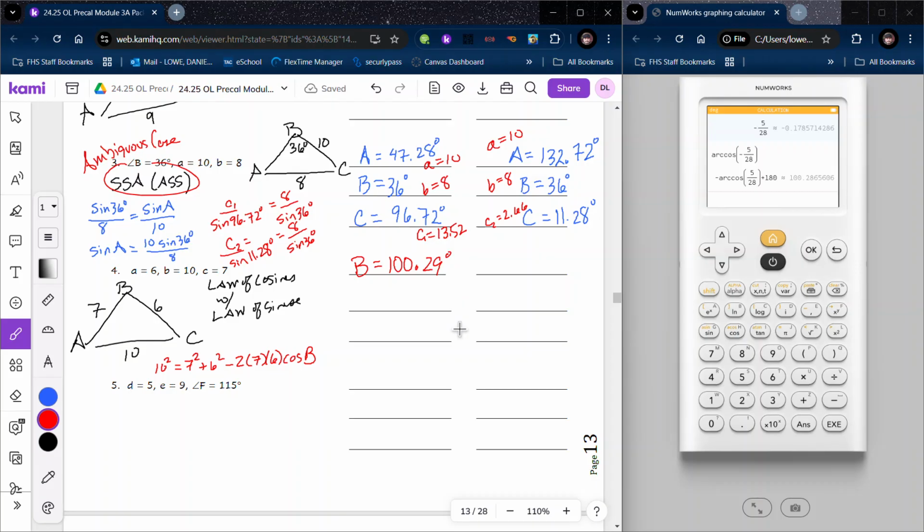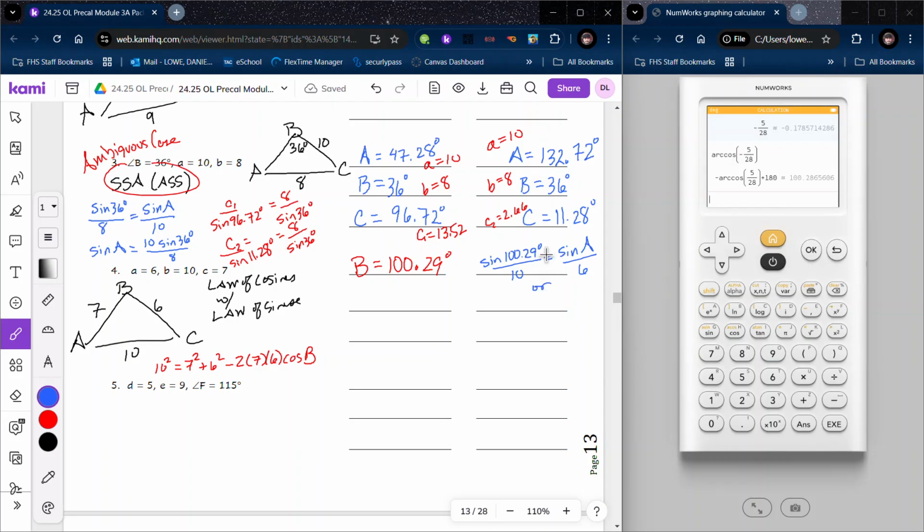to 2 decimal places. Then I can use the law of sines to find my other angle. Because I can say that the sine of 100.29 degrees over 10 must be equal to the sine of A over 6.